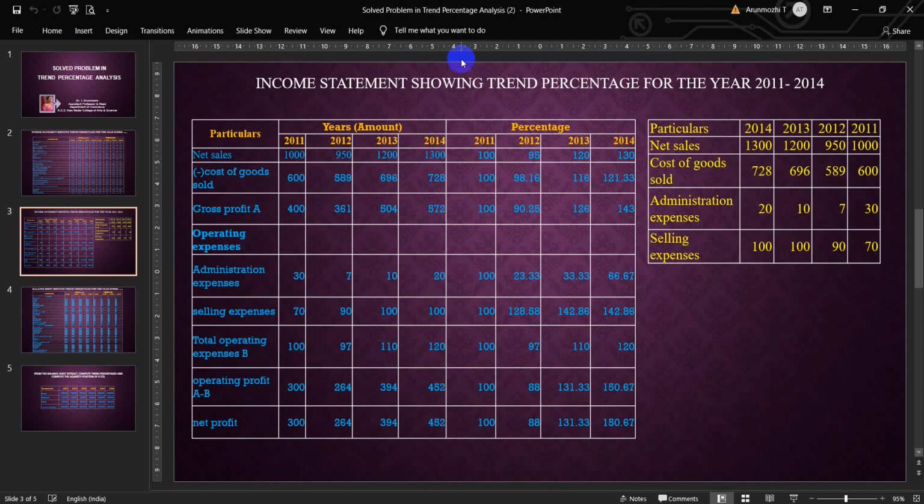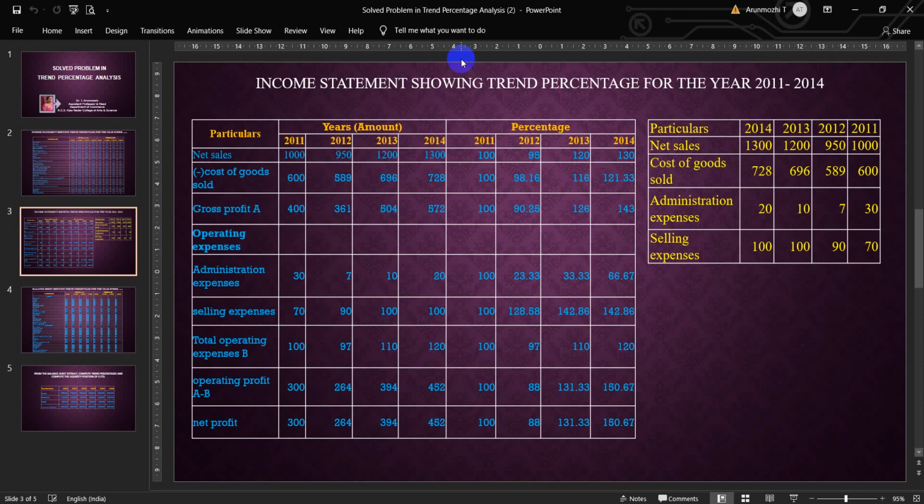For the first year, for 1000 it is 100. So for 950 what will be the percentage? How to calculate? 950 into 100 divided by 1000. You get the percentage as 95.